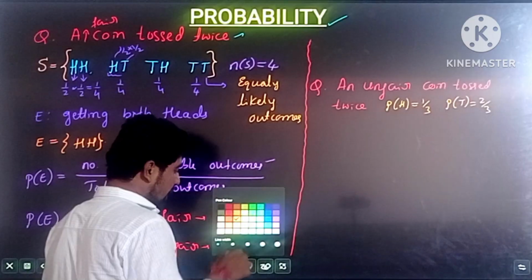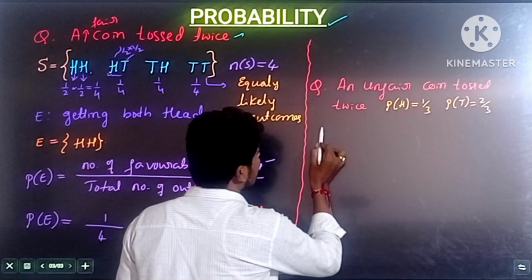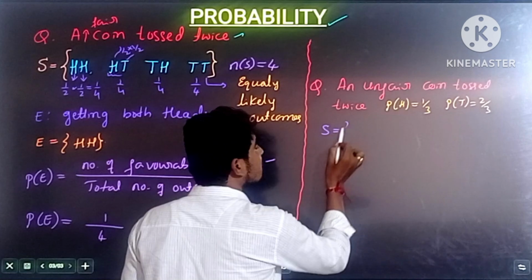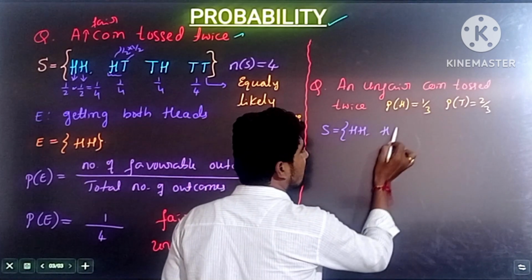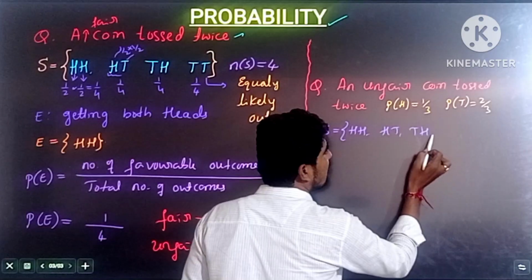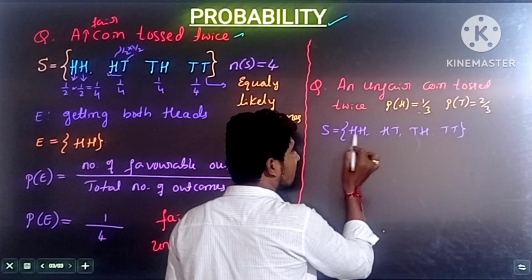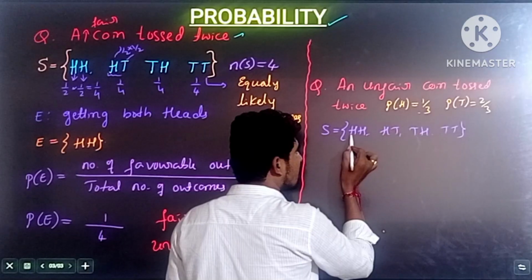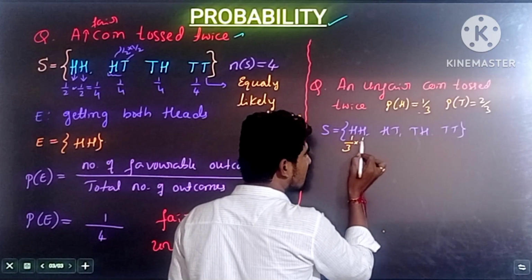When this coin is tossed twice, the possibilities are the same: head head, head tail, tail head, or tail tail. Here you can observe the probability of getting the first head is 1 by 3 and the probability of getting the second head is also 1 by 3.